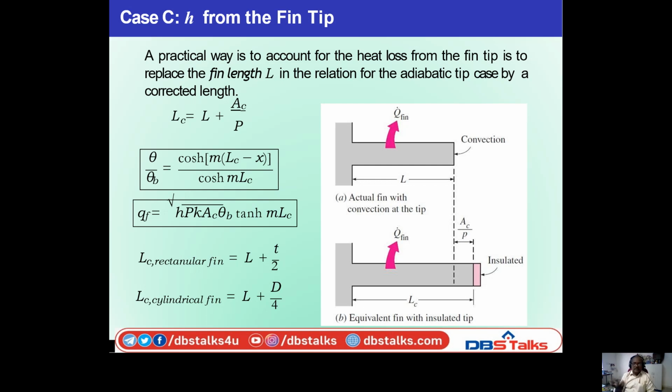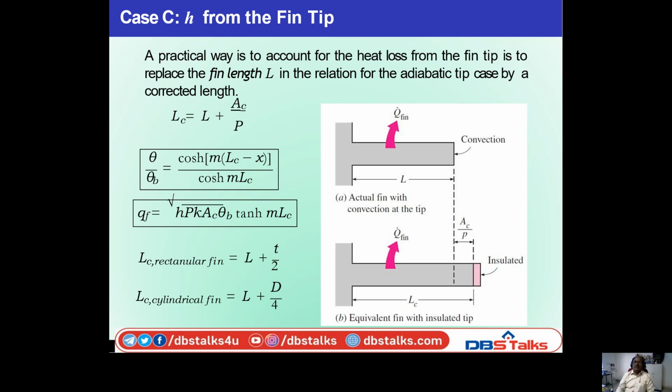For these three cases, we discussed the temperature distribution equation and the heat transfer equation. And we discussed how to calculate the efficiency and effectiveness of the fin, and how to solve problems in extended surfaces or fins.